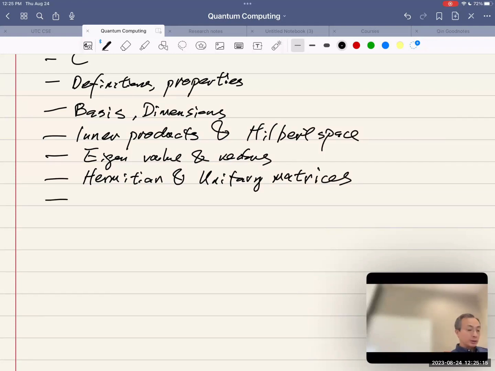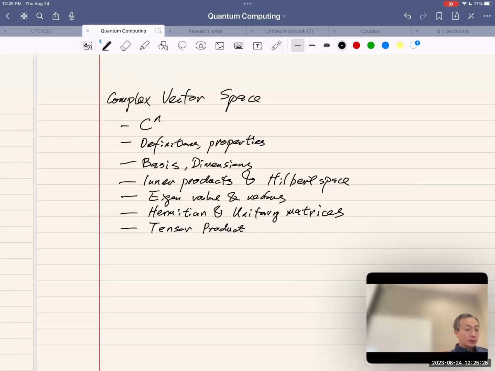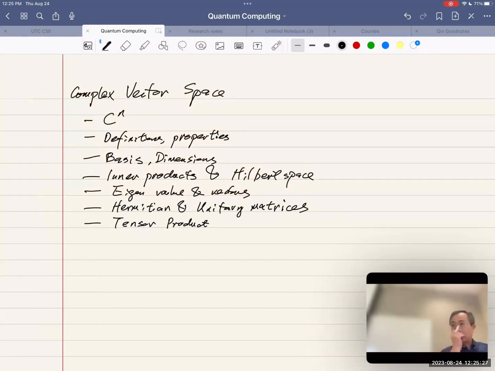And lastly, this chapter will talk about the tensor product. Yeah, that's really a lot, so I'm going to need 2 or 3 lectures to cover this.